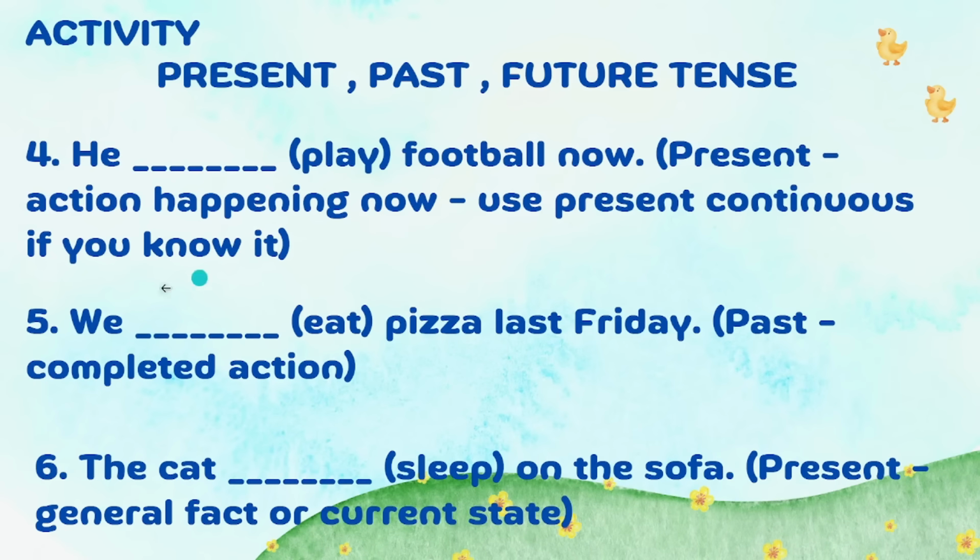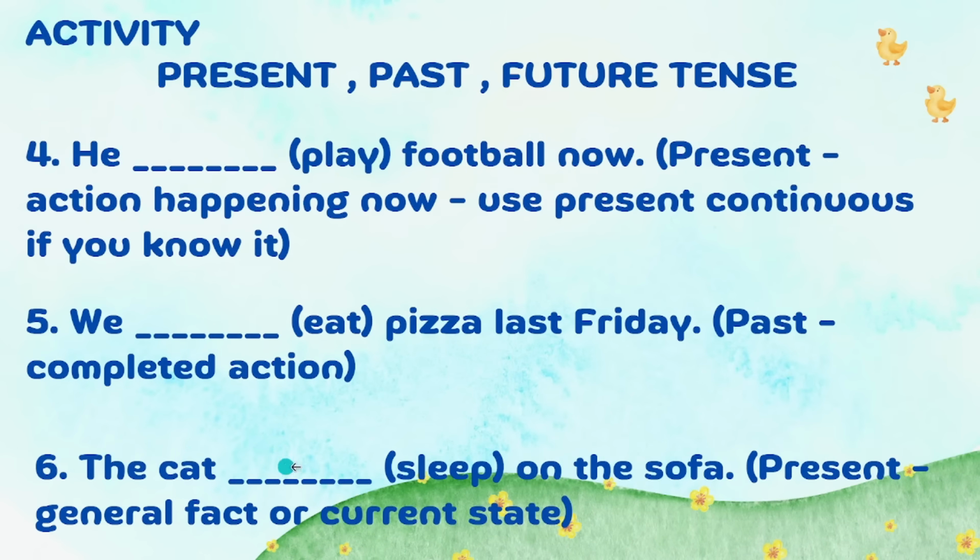Okay? Now, for number 5, past. Okay. So, past. I already mentioned this one. For the past tense of eat is ate. We ate pizza last Friday. Okay? And for number 6, the cat, present.